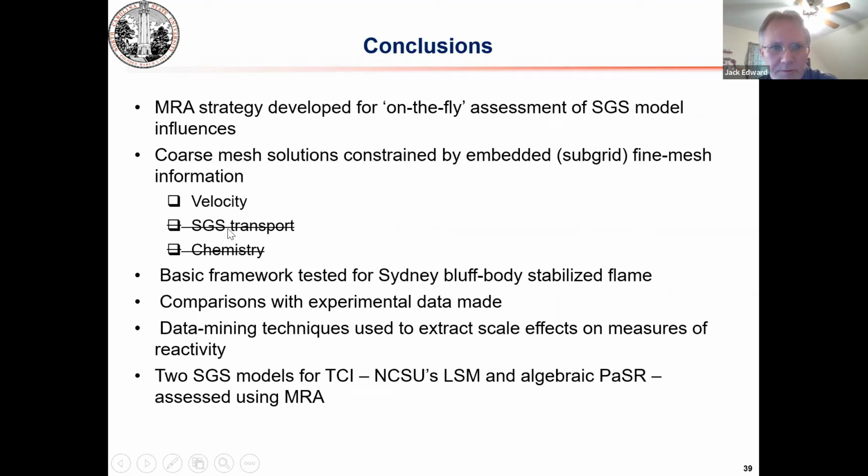We could constrain by transport or even chemistry, but we don't do that anymore. We're strictly constraining by the velocity field. We've tested this for one of the Sydney flames, compared with data, and then gone into the hierarchy and tried to pull out information that lets us assess scale effects on measures of reactivity.